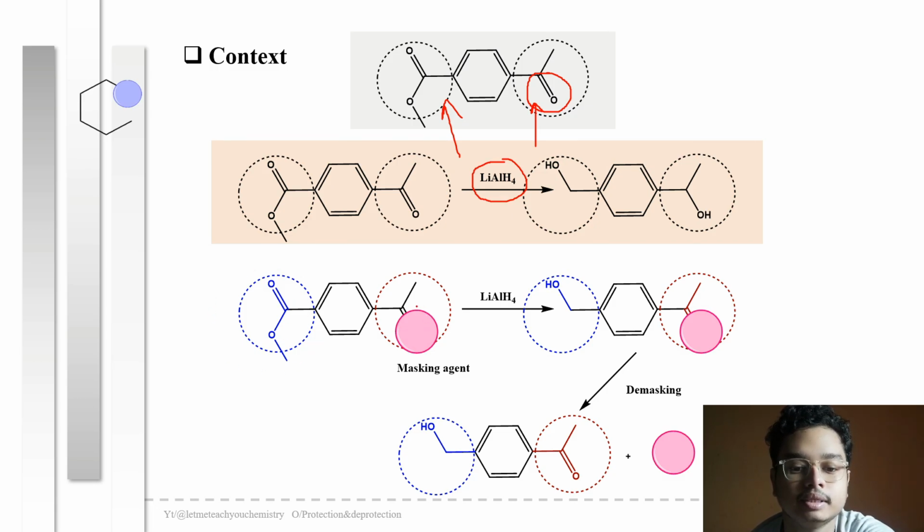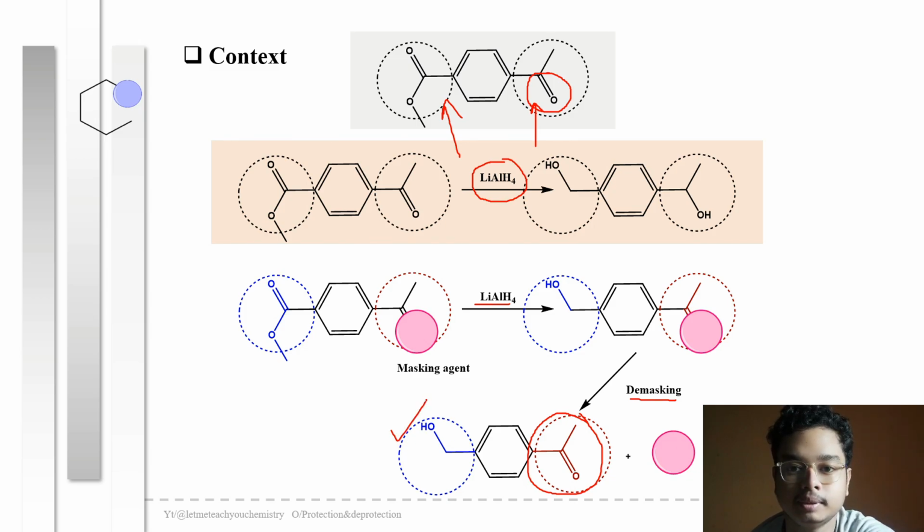By some kind of chemical reaction, they mask this group so that it becomes non-reactive in presence of lithium aluminum hydride. So lithium aluminum hydride only reduces this group, forming the corresponding alcohol. First we have to mask by a certain chemical reaction, and after that we have to carry out another chemical reaction to demask this group to retain our desired functional group, while our targeted functional group has been reduced to the corresponding alcohol.